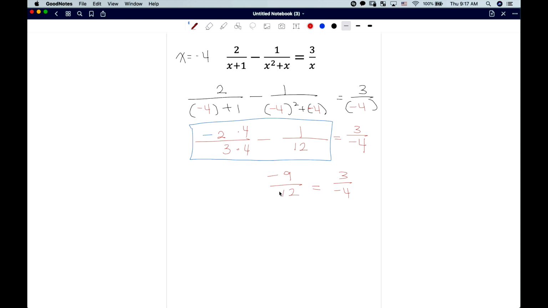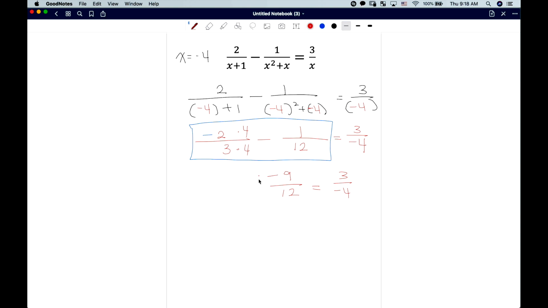Okay, but here also, our denominators are not the same. So again, there are a couple of things you could do. You can either multiply or you can divide and simplify the fractions if you can. That's what I'm going to do. The negative sign, it doesn't matter if it's in the numerator or the denominator. It just means that the whole thing is a negative. So whether it's negative 9 divided by 12 or 9 divided by negative 12, it just means the whole fraction is negative.